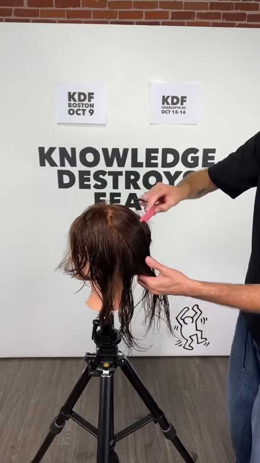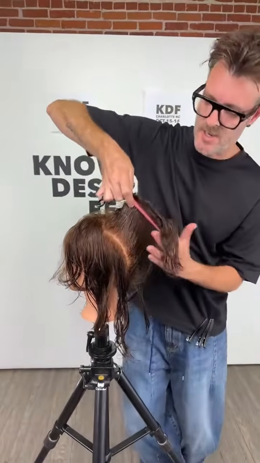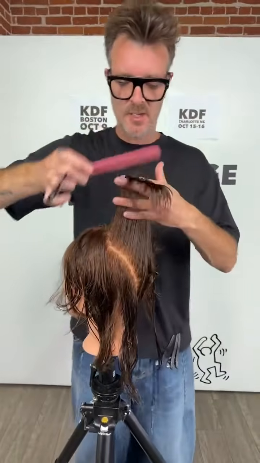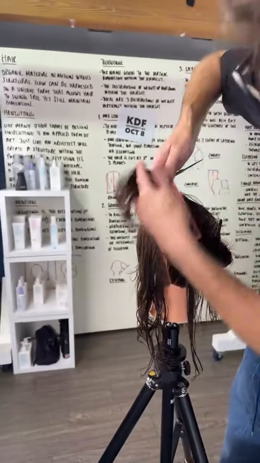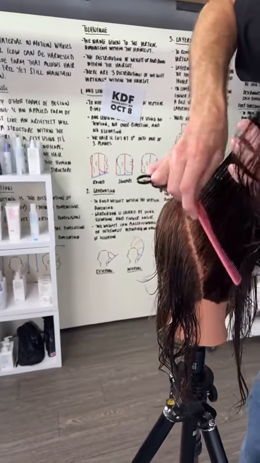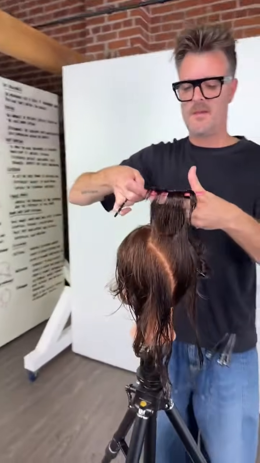It's the same scenario. Once I get to that parietal ridge area, I will then start to condense my sectioning. Just making sure everything is in there.